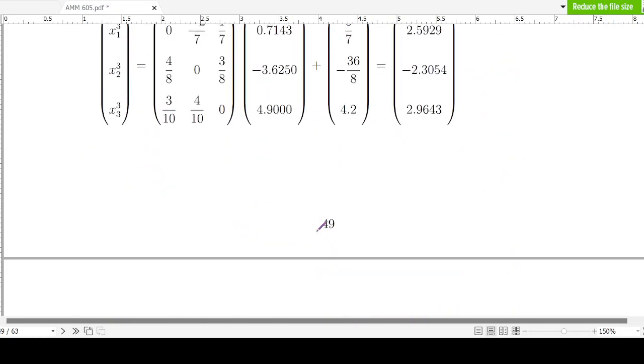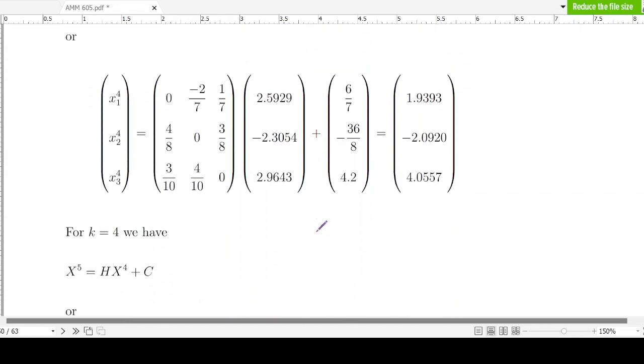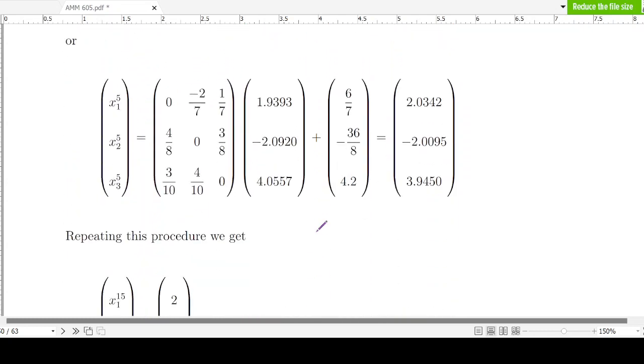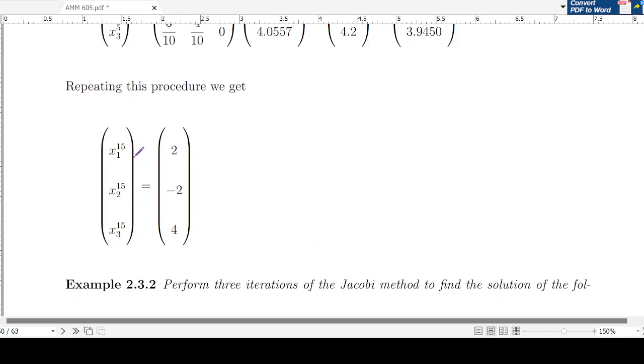Now, this procedure is repeated many times. If we repeat this, like here, we've done it 15 times. In the 15th iteration, we have 2, minus 2 and 4 as the solution of the system.